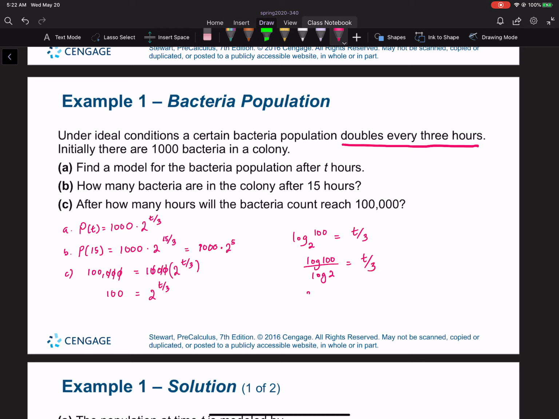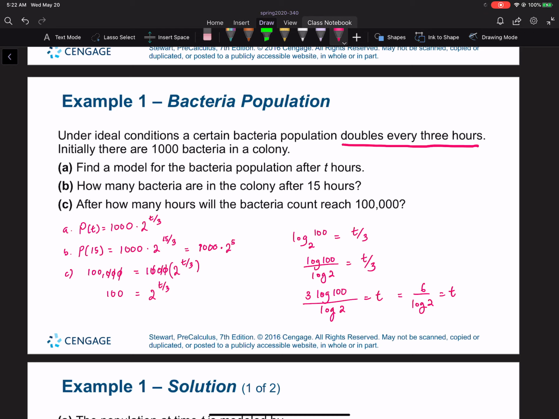And then I can get 3 log 100 all over log 2 is equal to t. Log 100, we already know what that is. That is 2, so I get 6 over log 2 is equal to t.